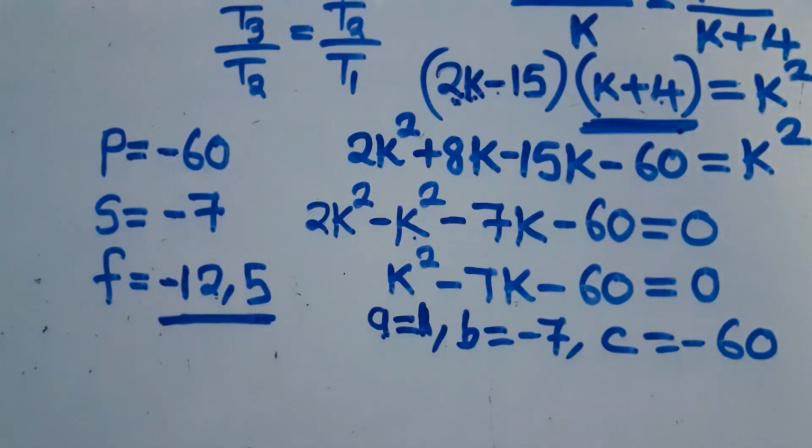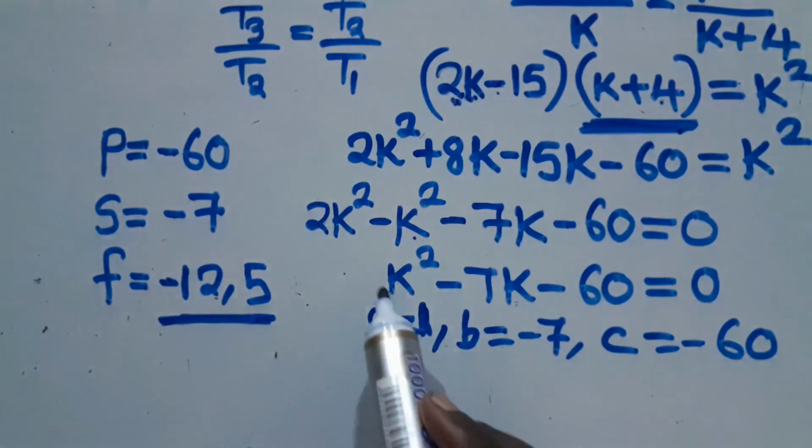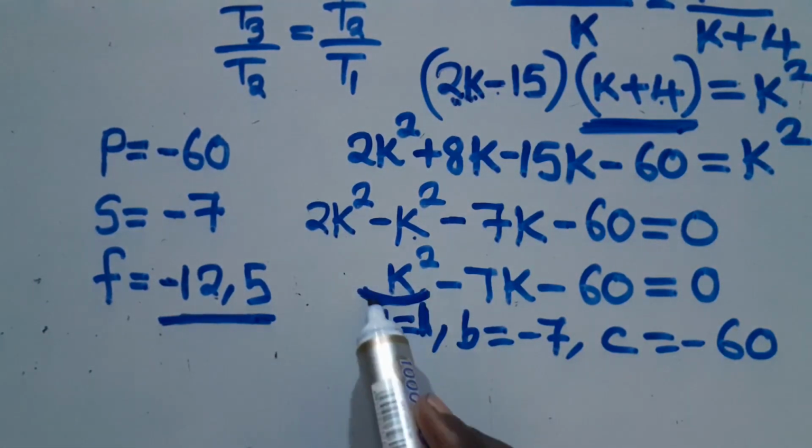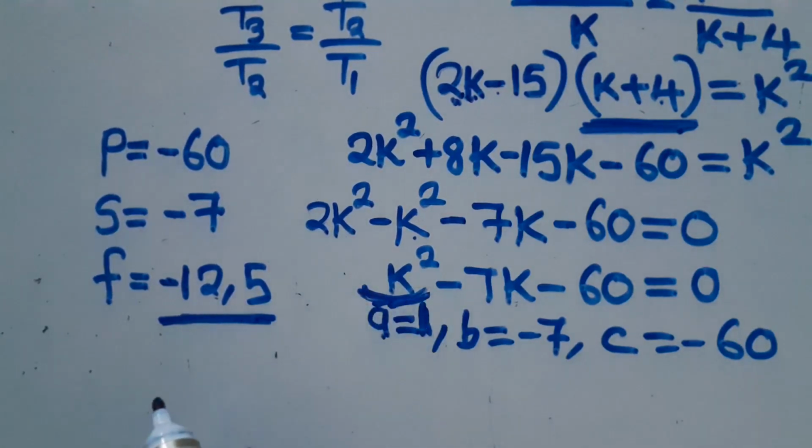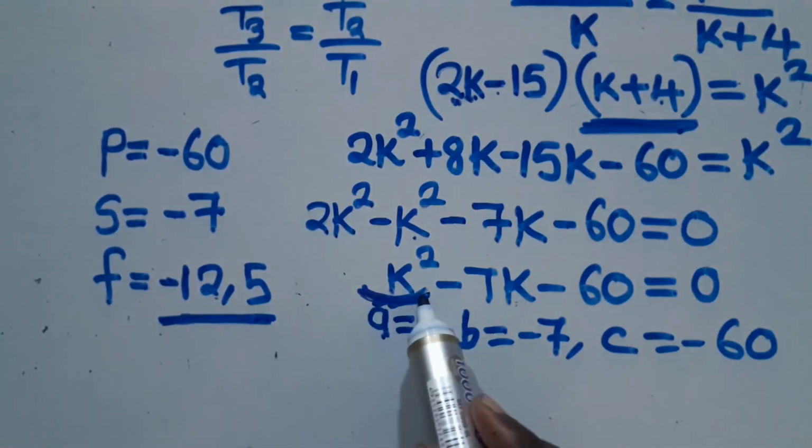So I'm solving this using factorization method. You can use any method that you are comfortable with. Some people are comfortable using formula method. By the end of the day, we'll still get the same answer. So now, if the coefficient is 1, you just go direct.